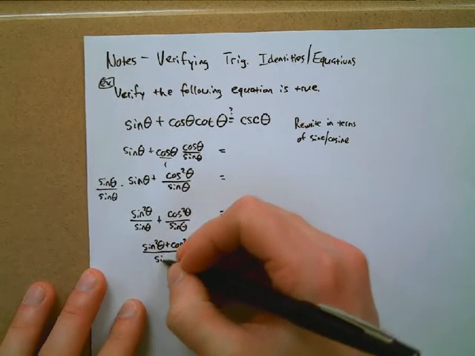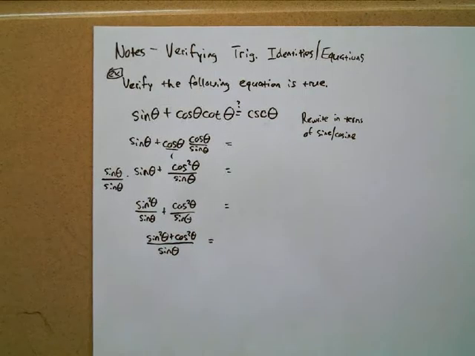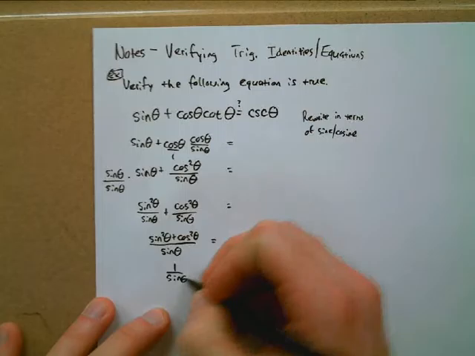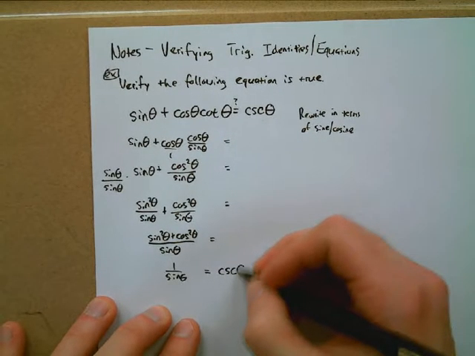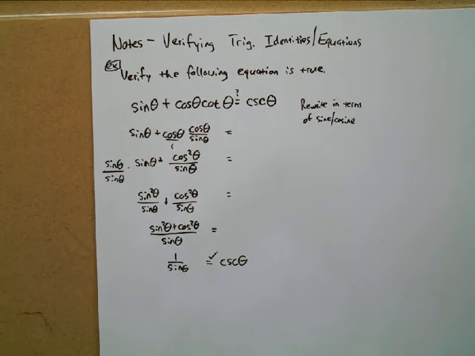But what is sine squared of theta plus cosine squared of theta? What does that equal? 1. And what does 1 over sine of theta equal? Cosecant theta. So check. They are equivalent.